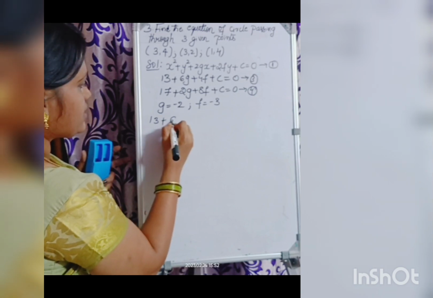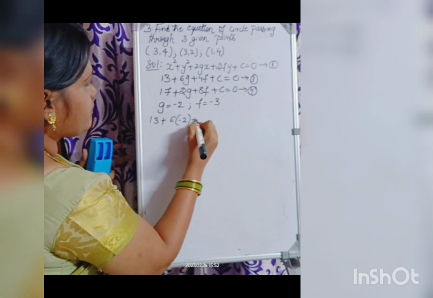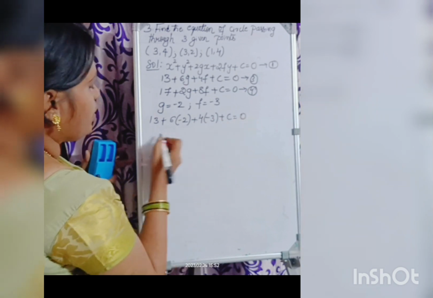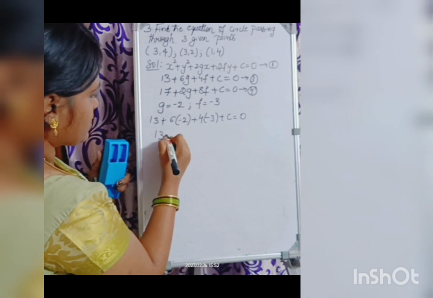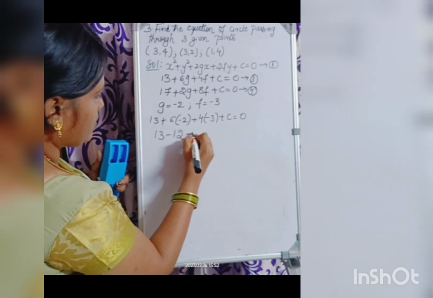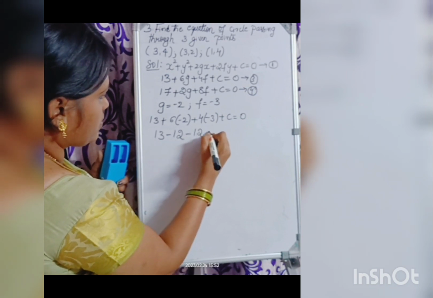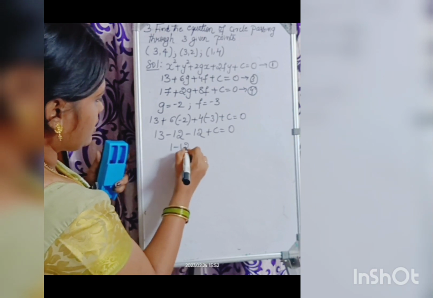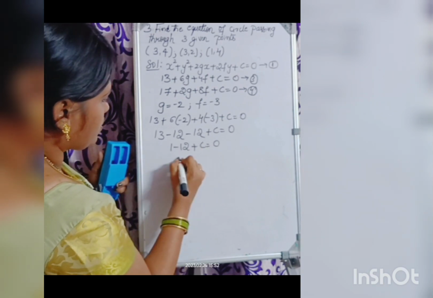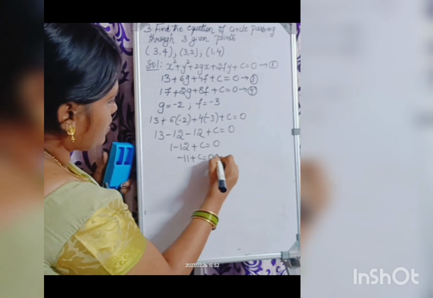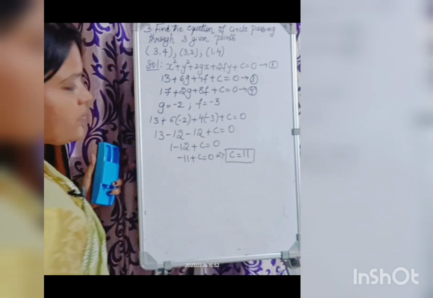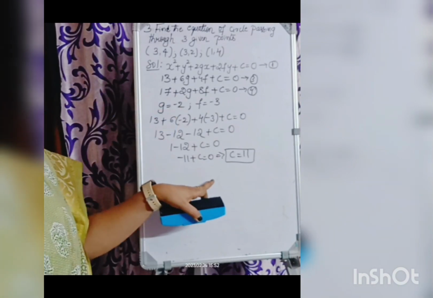So 13 + 6g, with g as minus 2, plus 4f, with f as minus 3, plus c is equal to 0, or 13 minus 12 minus 12 plus c is equal to 0, or 1 minus 12 plus c is equal to 0, or minus 11 plus c is equal to 0, which implies c is 11. Understood? Now we got the values of g, f and c.